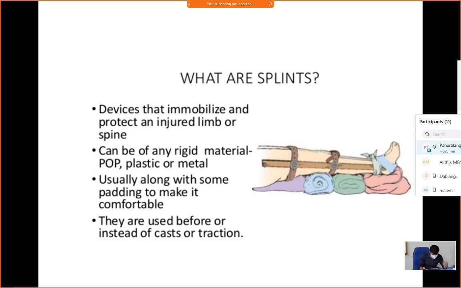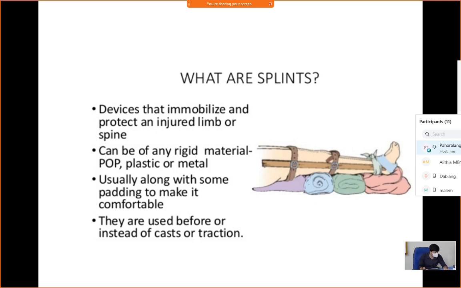Whenever you apply a splint, we have to apply cotton first to make it comfortable and to cause less trauma to the skin. They are used before or instead of cast or traction. Depending upon the type of fracture and displacement of the fracture, sometimes a splint can be a definitive treatment also.